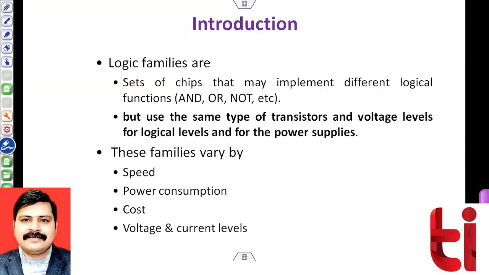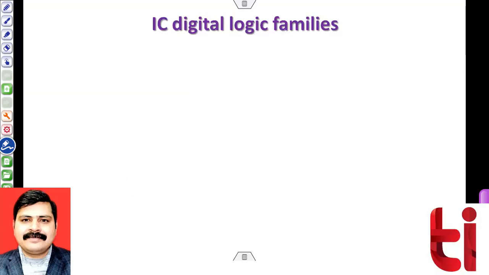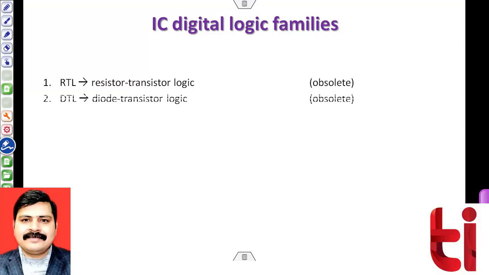So let us see the classification of logic families. The very first is RTL, the resistor transistor logic, and this is one of the oldest logic families, and nowadays not very popular. Therefore, we are not covering it in this particular module. The second is the diode transistor logic family.